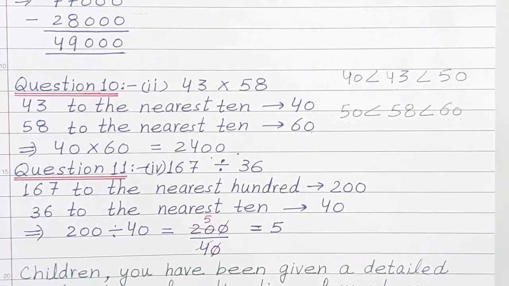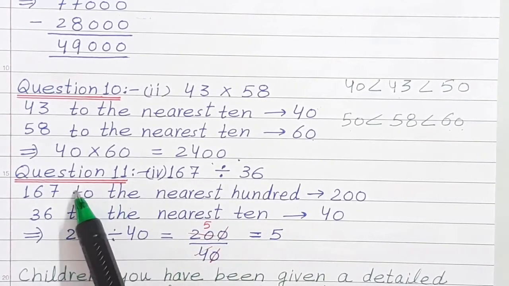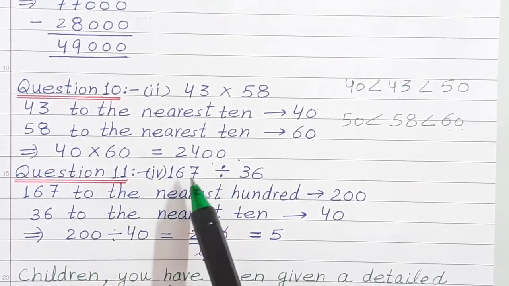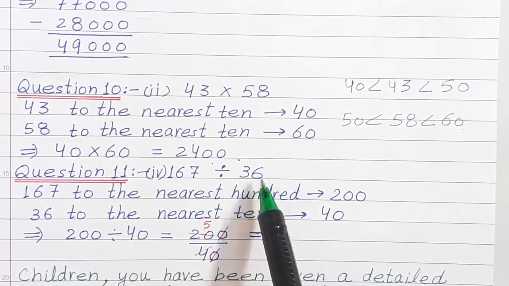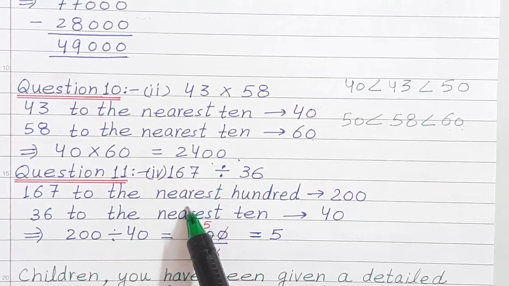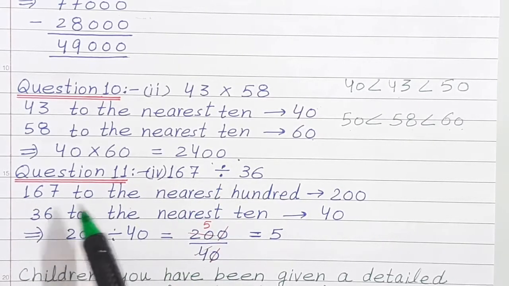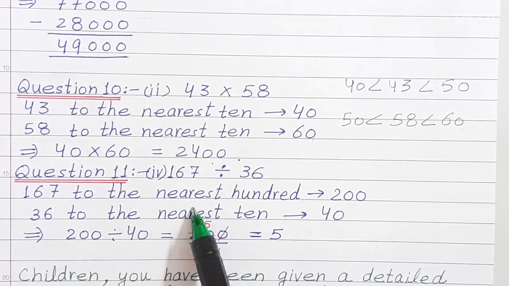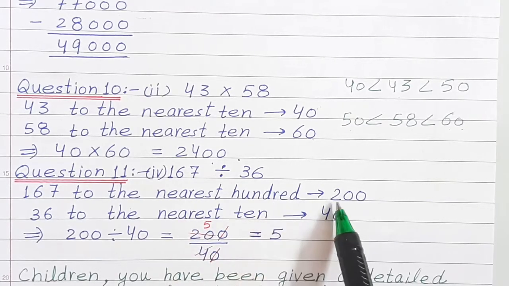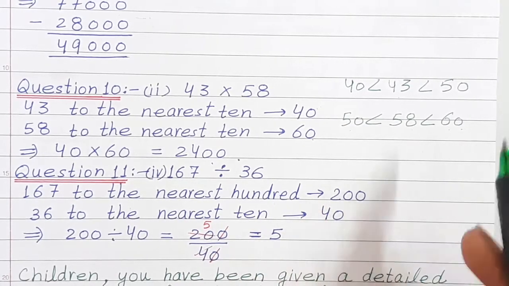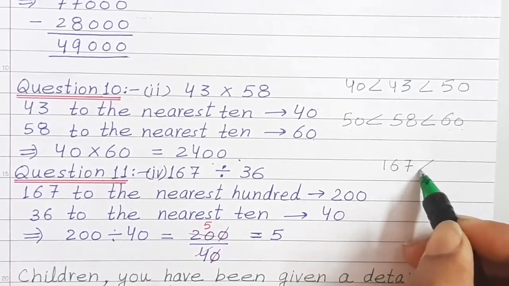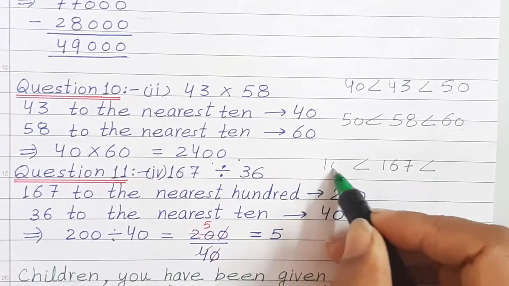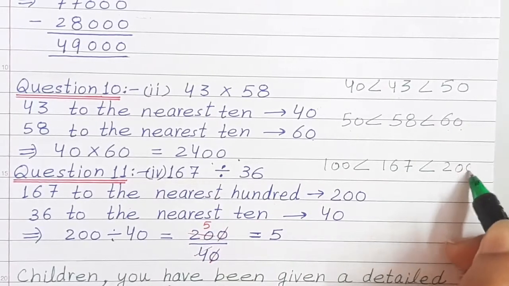Now see the next question. Question number 11 is 167 divided by 36. Now students, 167 to the nearest 100 is 200. In the same manner, 167 is lying between 100 and 200.